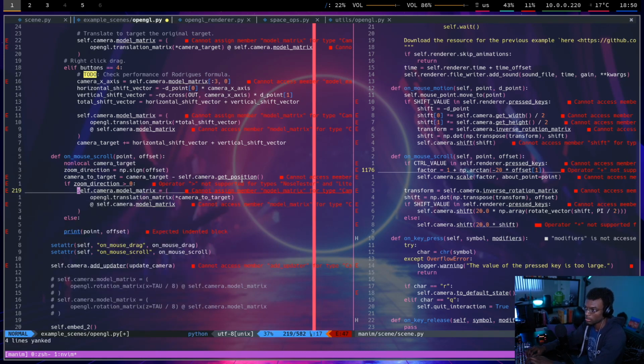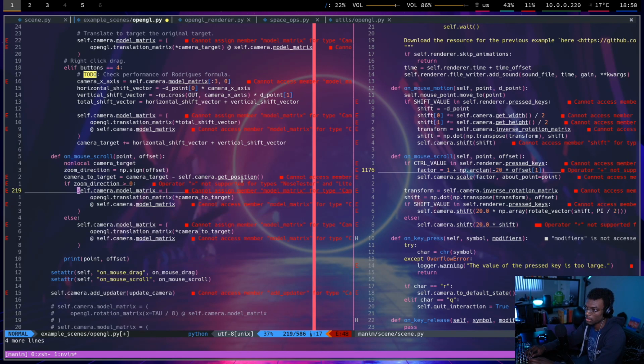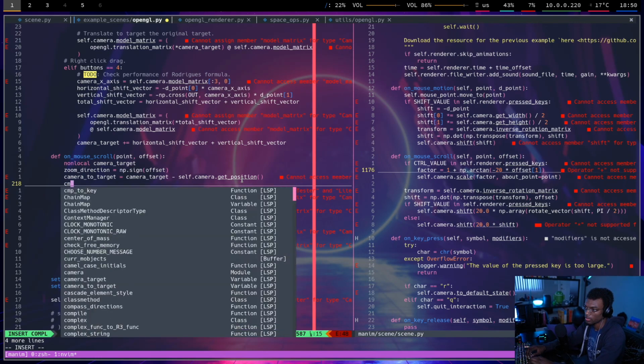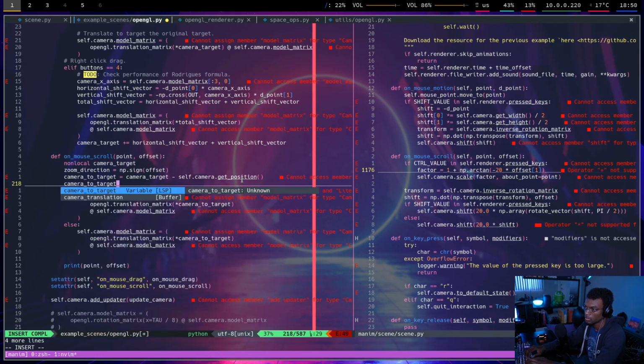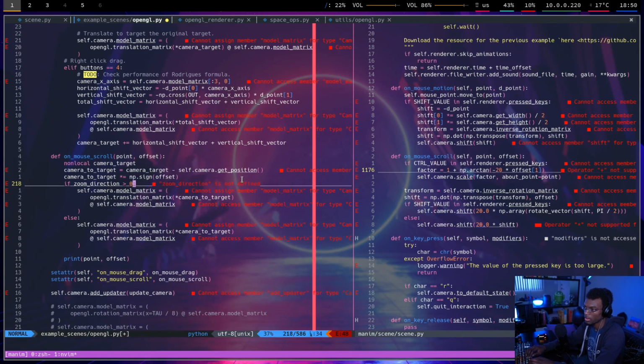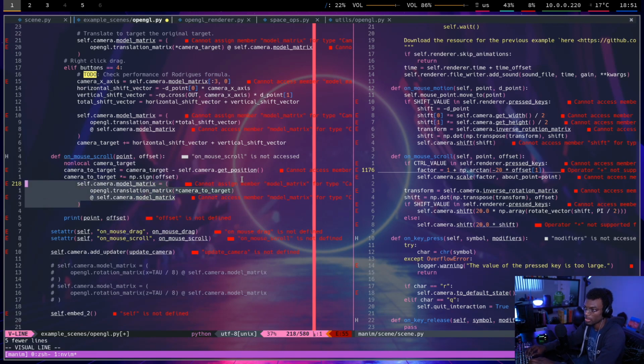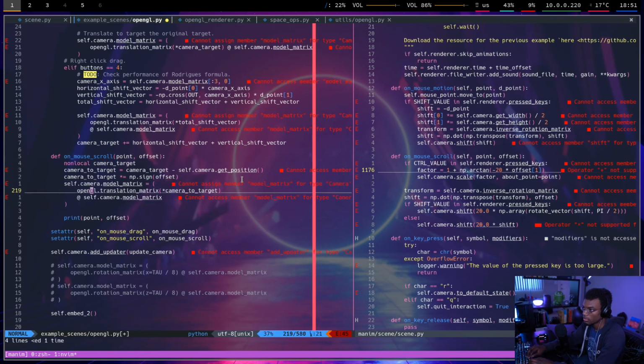Otherwise... Oh, what I should do is just camera to target times equals the zoom direction. And since this variable is only used in one place, I'll just end up doing this. And then just translate the camera by that vector.